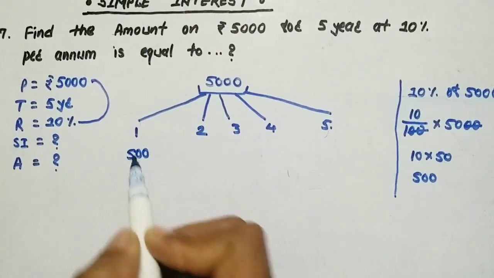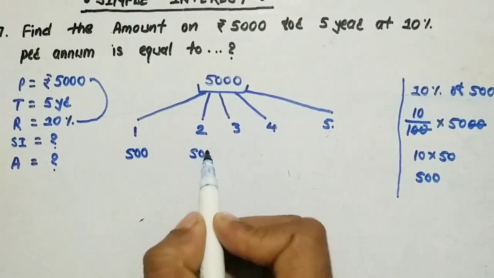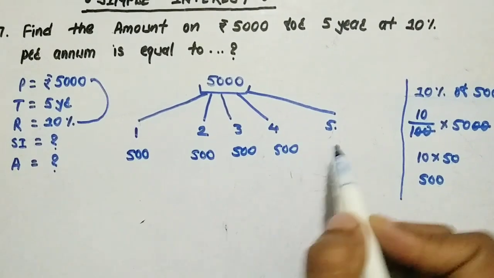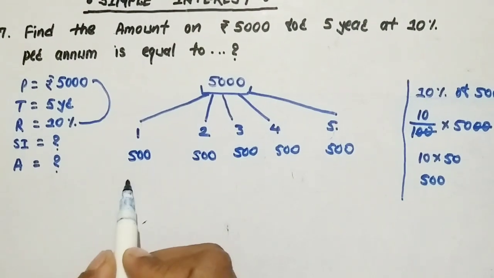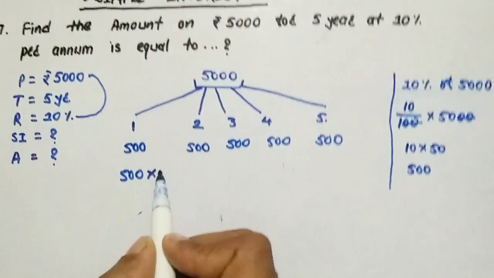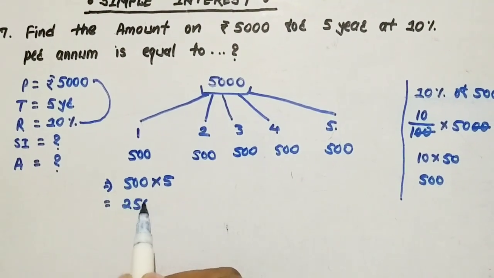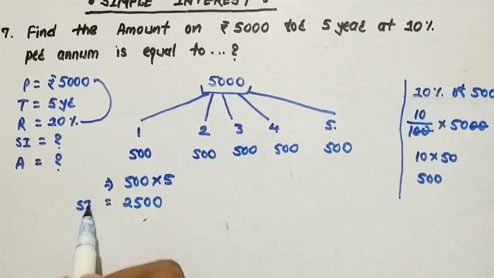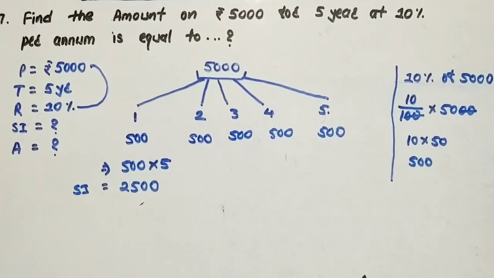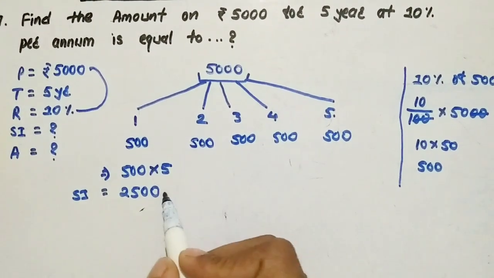So that's why simple interest for the first year is 500. Similarly second, third, fourth and fifth also, right? So that's why we could say 500 multiplied by 5 times. So 5 5s are 25 and 00 as it is. So that is the value of simple interest on 5,000 for 5 years at 10% per annum.